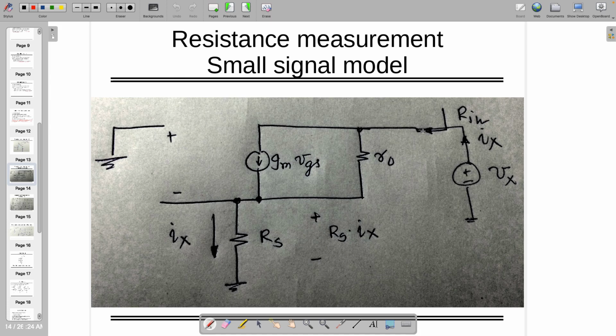You have to follow the equation. Write down the equation, like Vx equal to whatever, and find out the Rin you are seeing, using the Thevenin theorem. R0 plus Rs times 1 plus Gm into R. You just write it down and find out.